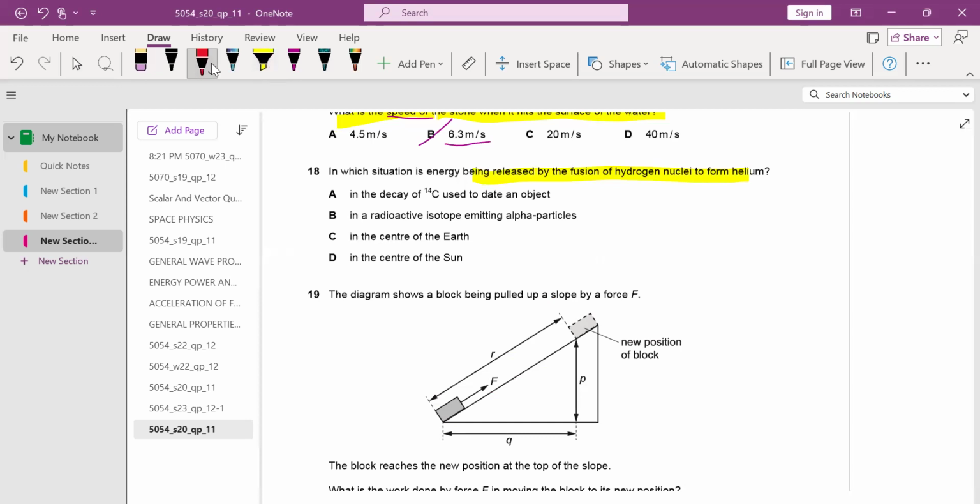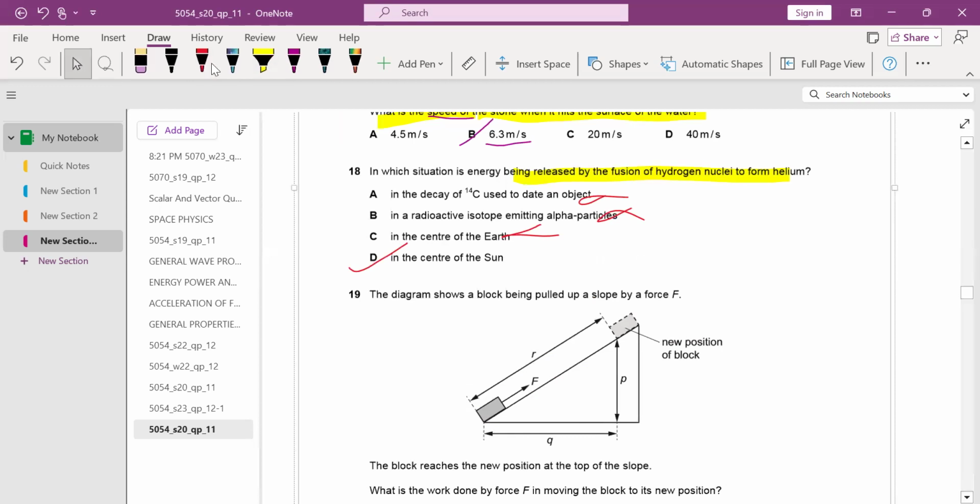Let's read out the options. First option is in the decay of carbon-14 used to date an object, no. In a radioactive isotope emitting alpha, no. In the center of the earth, no. In the center of the sun. So option D is correct for question number 18.